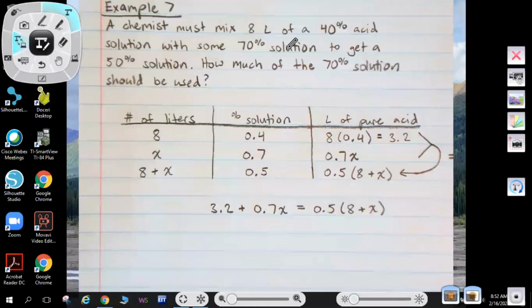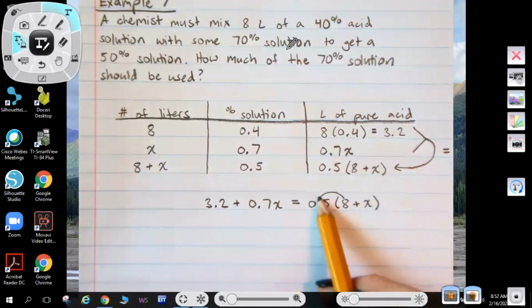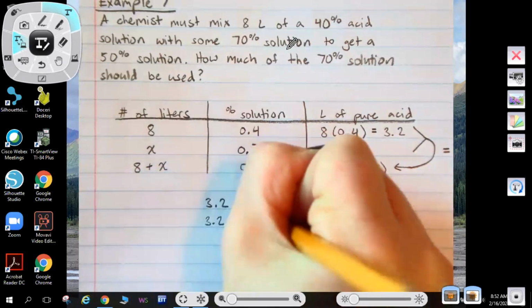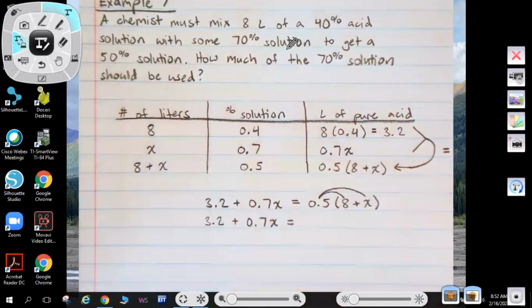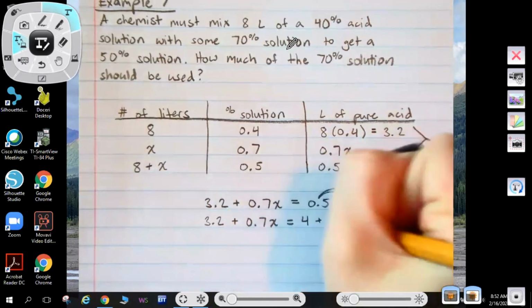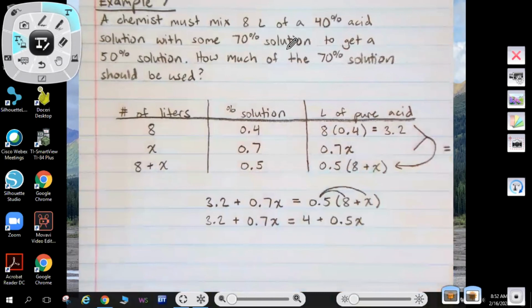So now we have an equation that we can solve for x. Let's get rid of the parentheses on this side by distributing 0.5. So 0.5 times 8 is 4. And 0.5 times x is just 0.5x. Okay, we have an x on both sides of the equal sign.